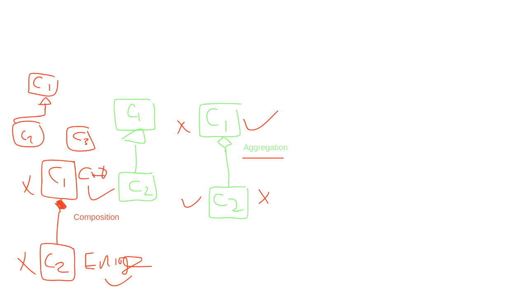This is called generalization. Generalization and specialization are things of inheritance only. So we have seen different types of relationships: generalization, inheritance, aggregation, and composition also.